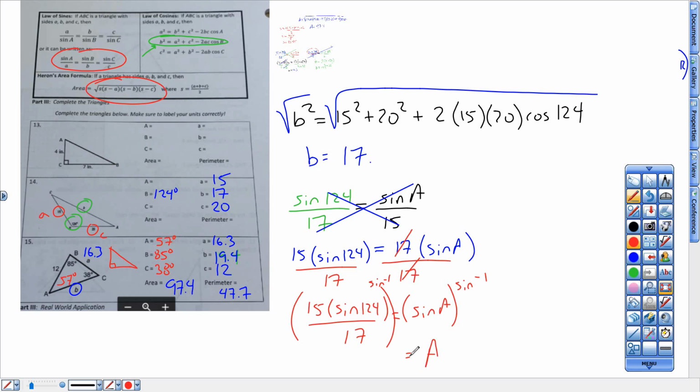Inverse sine 15 times sine 124. Let's do it again. Inverse sine double parenthesis 15 times sine 124 divided by 17. So I get about 47 degrees.